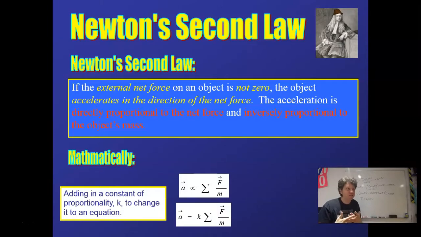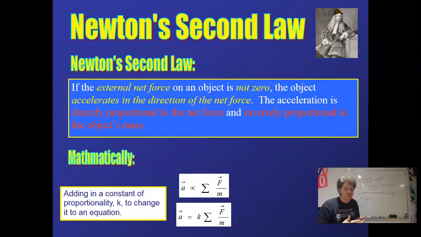The instant you decide to define a unit for force, like newtons, and then define a unit for acceleration, like meters per second squared, and define a unit for mass, like kilograms, you have a proportionality constant.